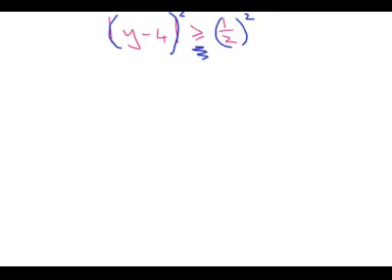Yeah. Do you remember we did this? Absolute quadratic inequalities. Okay, so this is exactly what you've got. Your absolute value inequality has now become a quadratic inequality.